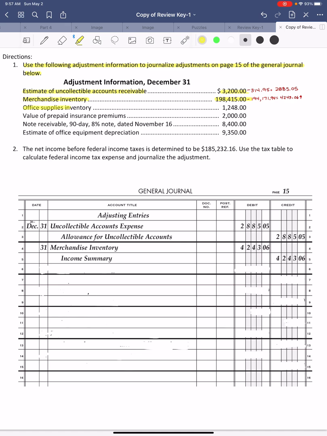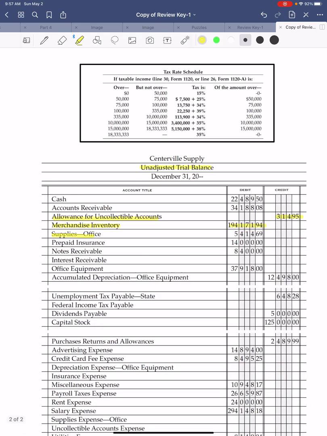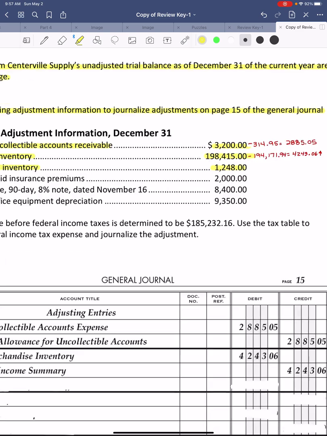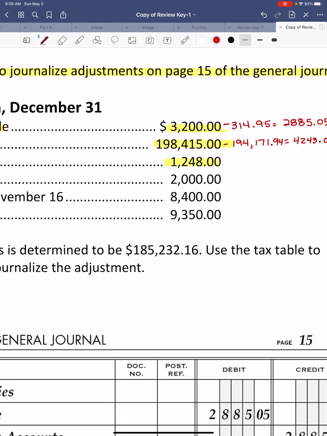Our next one is office supplies inventory, $1,248. If you look at our supply inventory from our unadjusted balance, it's over $5,000. So you can see that your office supplies has gone down. We have the balance of $5,414.19 from our unadjusted trial balance.